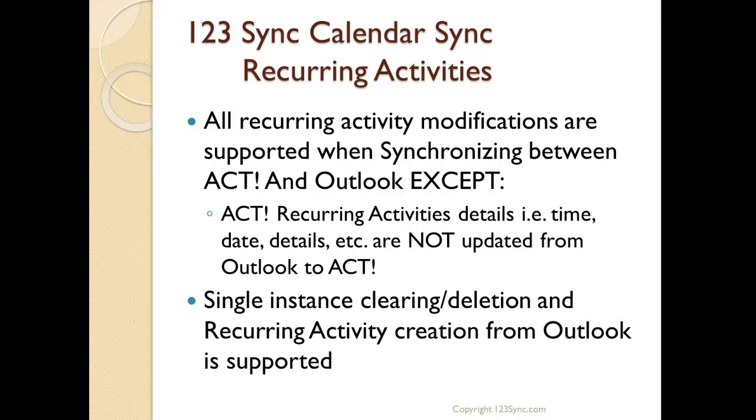A single instance clearing deletion of recurring activities from Outlook to Act is supported, as well as the creation of new ones. So the only thing that is not supported today is when you modify a recurring activity, change the time, or move it to another day. That is not supported to go from Outlook to Act. All those functions have to be done in Act.